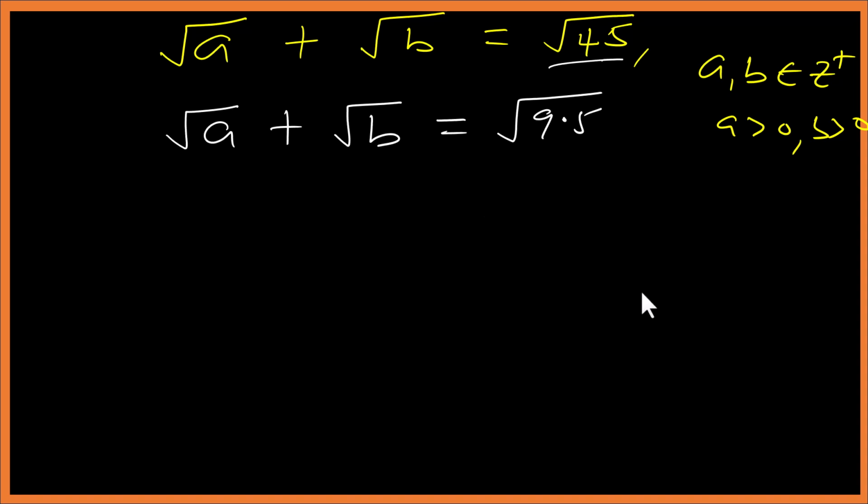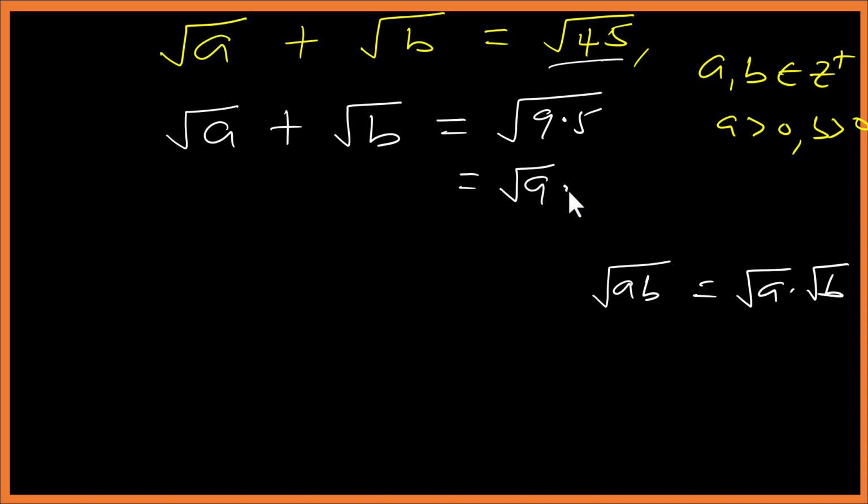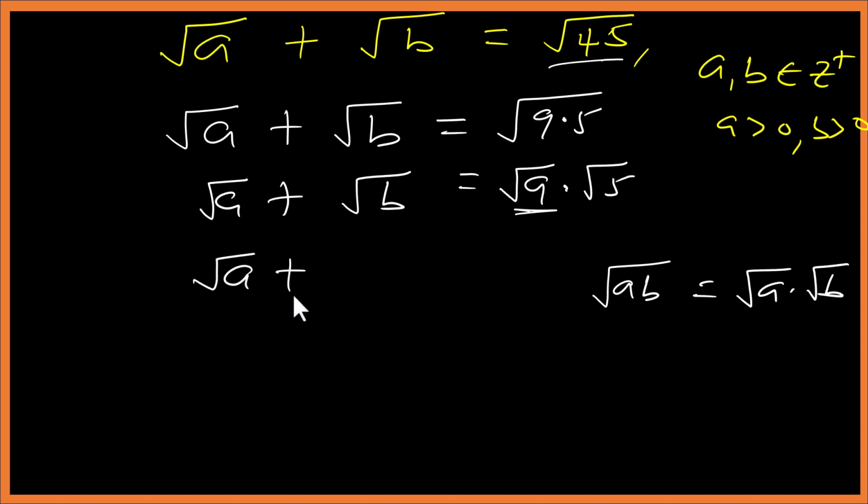So when we're given AB, it's the same as A times B. So from here, you can say square root of 9 times square root of 5. So this one is a perfect square, which will give us 3. So we have 3 root 5.